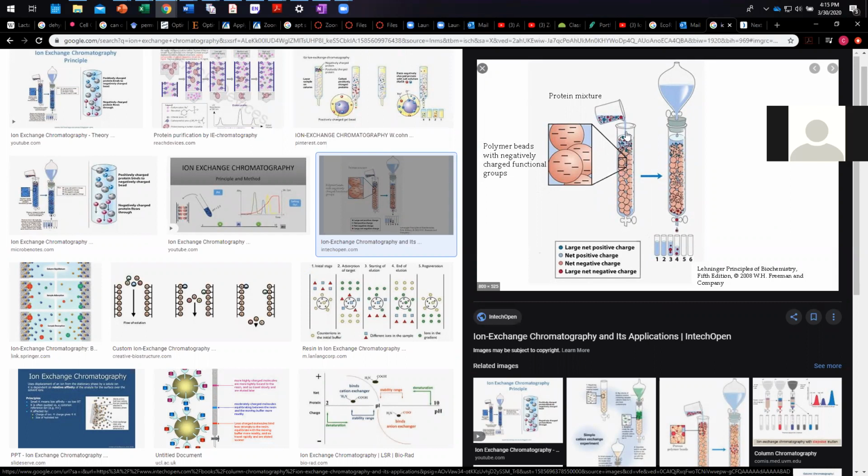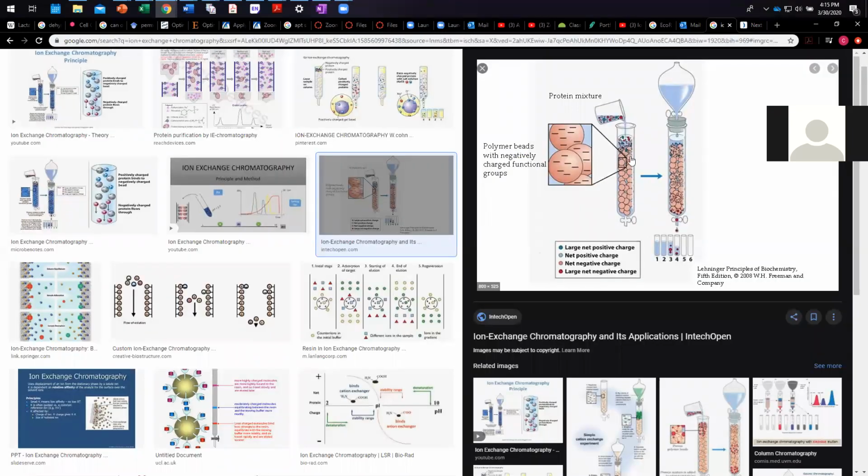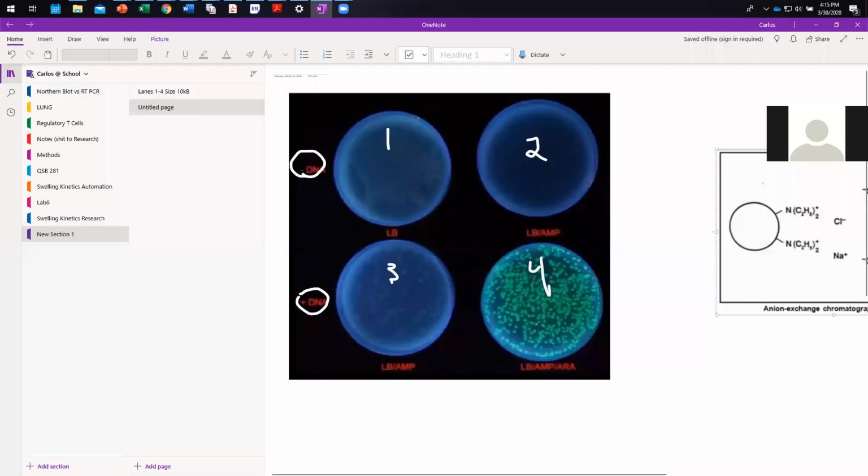This is your ion exchange chromatography. In our case, since we're trying to filter out the DNA, we want the DNA to attach to the polymer beads. The polymer beads are positively charged because the DNA is negatively charged.